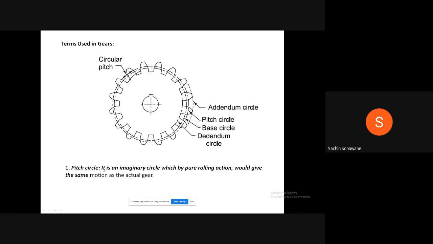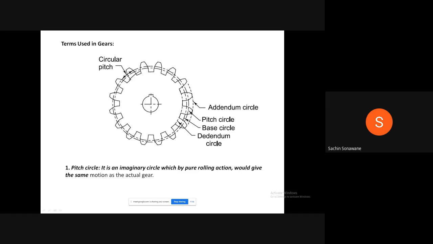What is its definition? It is an imaginary circle which by pure rolling action would give the same motion as the actual gear. Now you are seeing the diagram of the gear. Here it has been shown that exactly at the middle one circle is there.